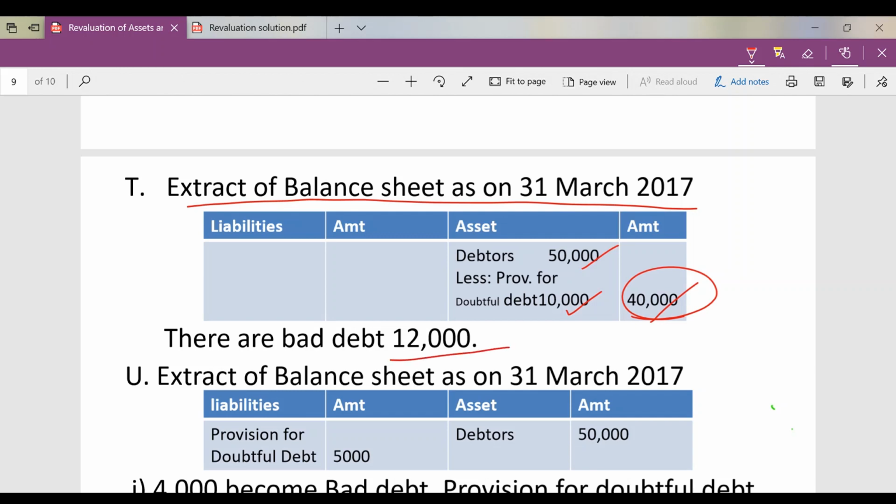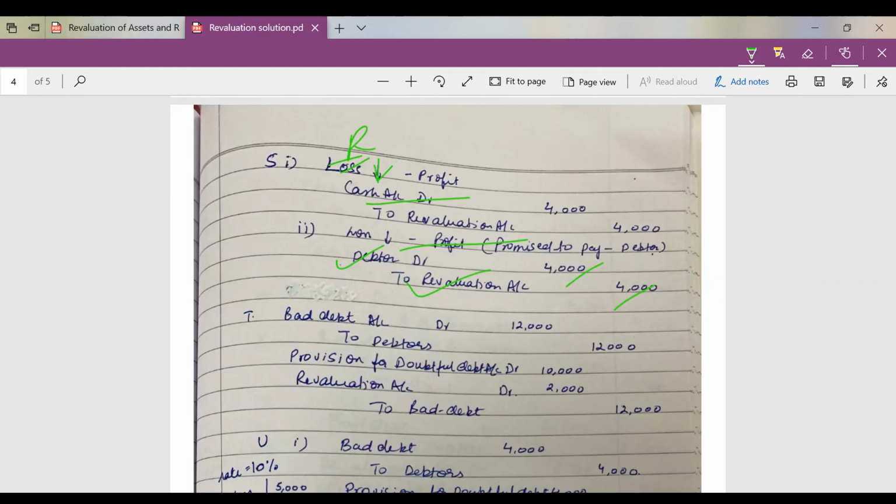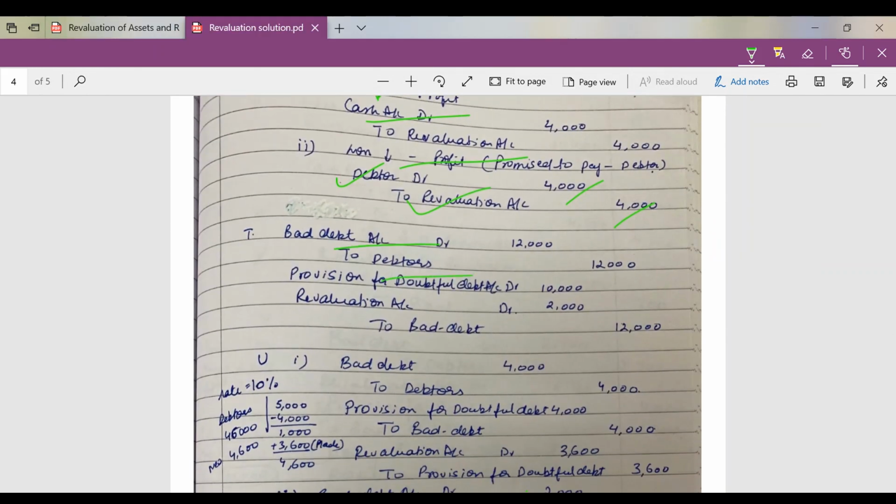So children, if you remember in class 11th we had studied about provision for bad and doubtful debt. So this provision is basically made to take care of the bad debt. So first of all, we would be writing the entry for bad debt. So the entry for bad debt we all know is what? Bad debt account debit to debtors, that is 12,000. Now this bad debt has to be closed. So we have to credit bad debt to close it.